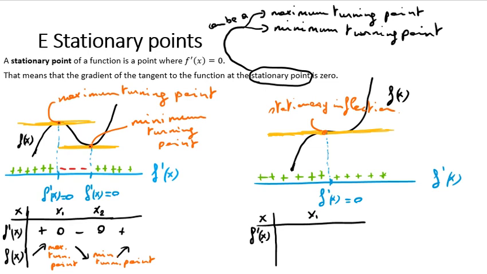The derivative of the function is 0 when x is equal to x1. Before the x1 it's positive, and after the x1 it's still positive. So the function is here increasing and here also increasing. In that case, so when the function increases before the stationary point and it also increases after the stationary point, then we can say that that stationary point is a stationary inflection.